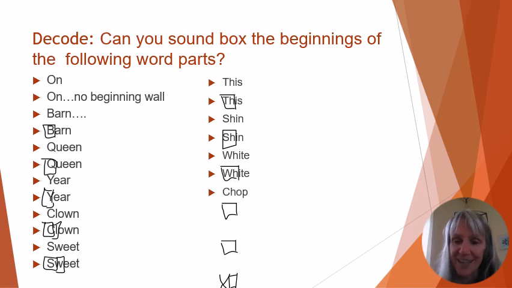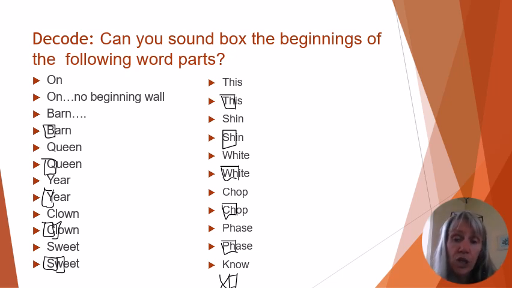It makes one sound. What about chop? Chop. Another digraph, makes one sound, so CH goes in one box. You are doing great. What about phase? Phase. It makes an F sound, but it is a digraph, only one box.